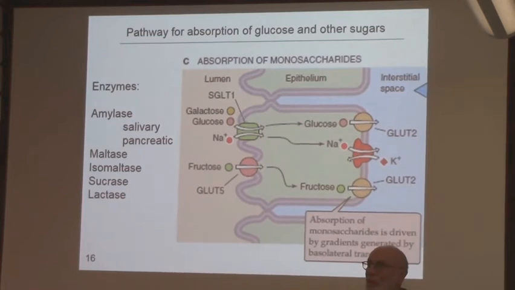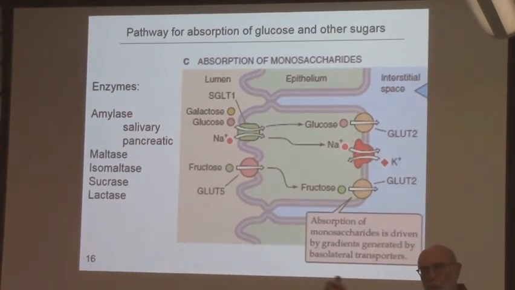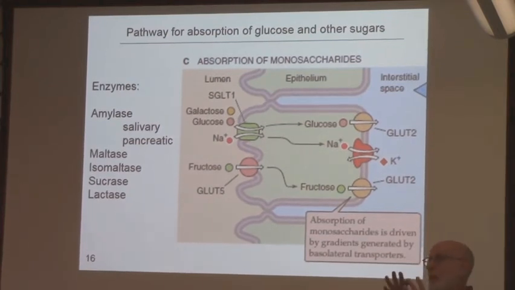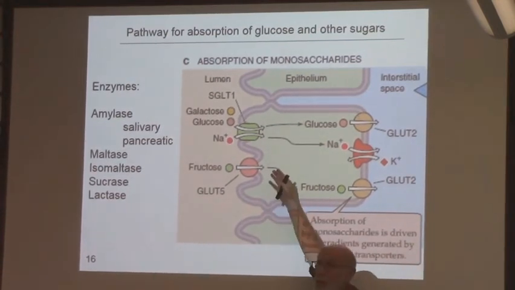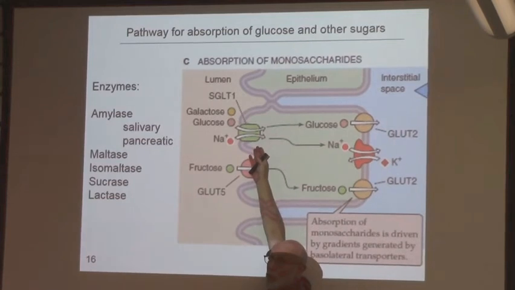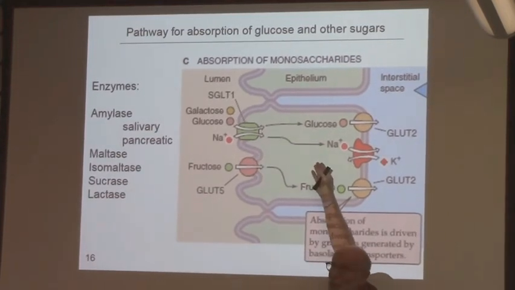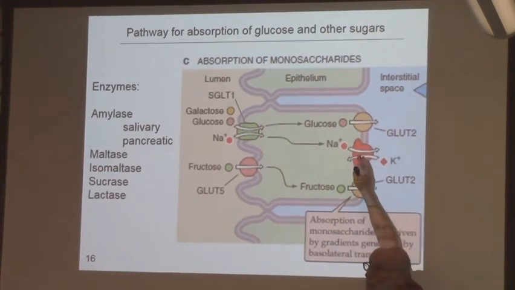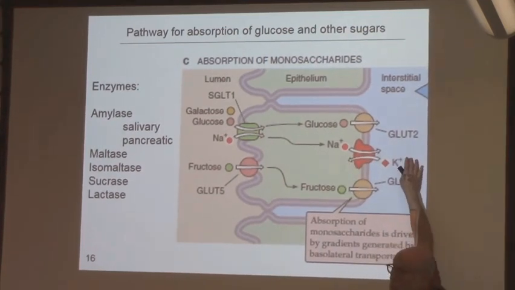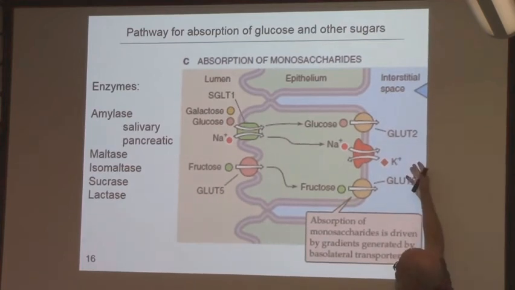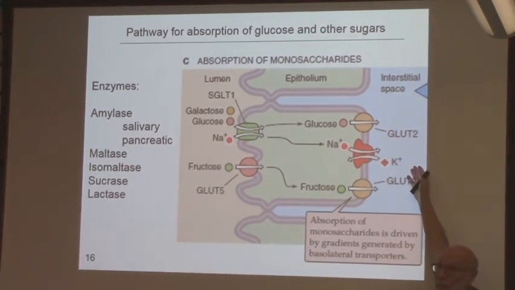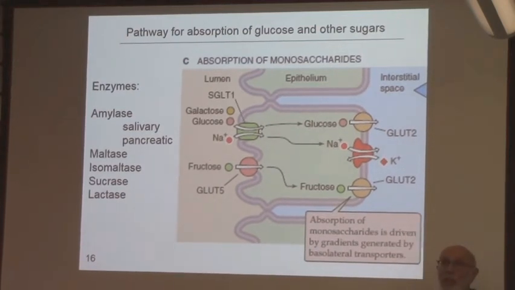There's another obvious one. Anyway, I could ask you to pull this together as part of the comprehensiveness of the final exam. Anyway, here in the intestine, the sodium glucose co-transporter pumps glucose and galactose into the cell, and then the glucose uniporter allows glucose to flow down its concentration gradient and get picked up by a blood capillary. This story is just like the proximal tubule.